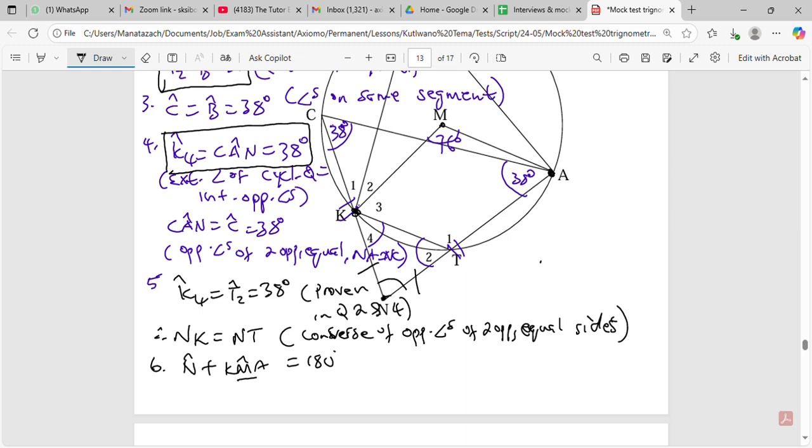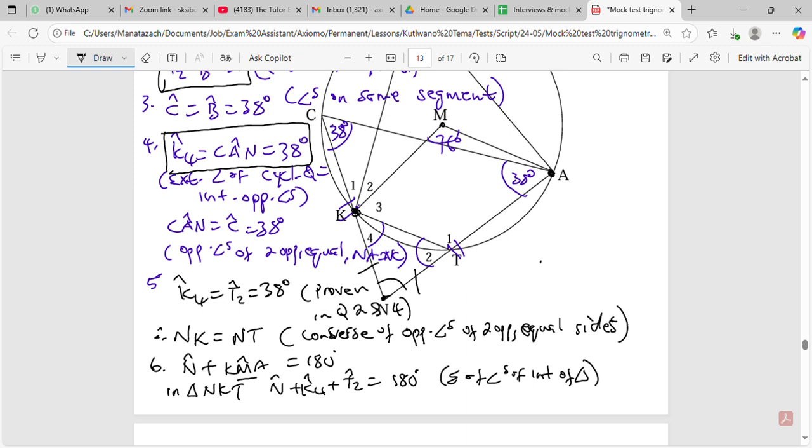You can just say in triangle NKT, angle N plus K4 plus T2 is equal to 180 degrees. Why? Because those are the sum of the interior angles of a triangle.